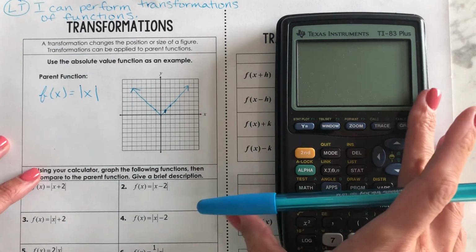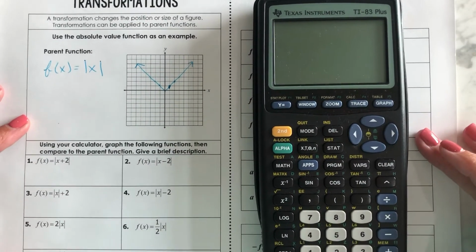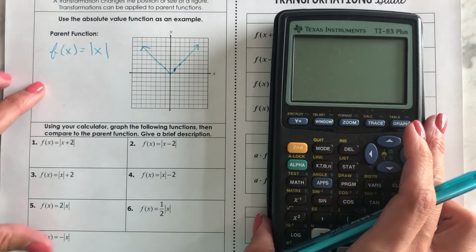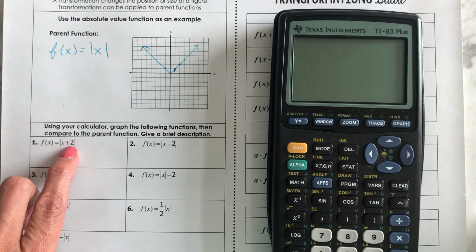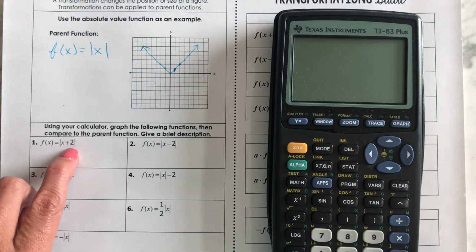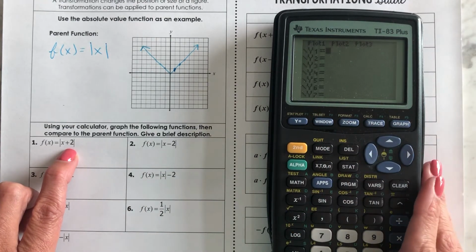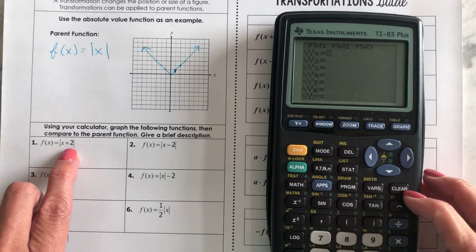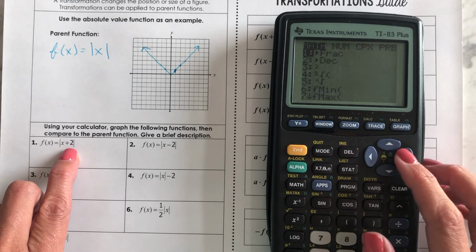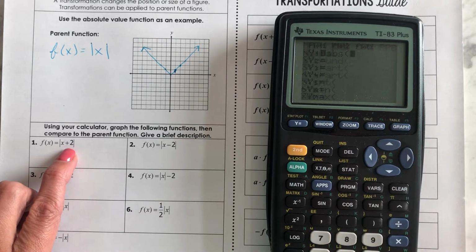Okay, let's do a little exploration. What happens if you manipulate this equation a little bit? Here's the parent function equation. What happens if you add 2 inside the absolute value? Let's graph it and see. I go to my y equals. To find absolute value, I go to math, over to number, and it's the first one at the top.